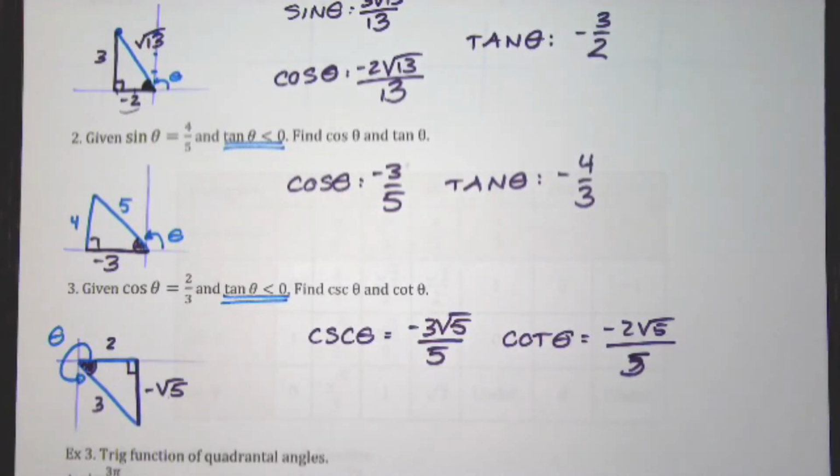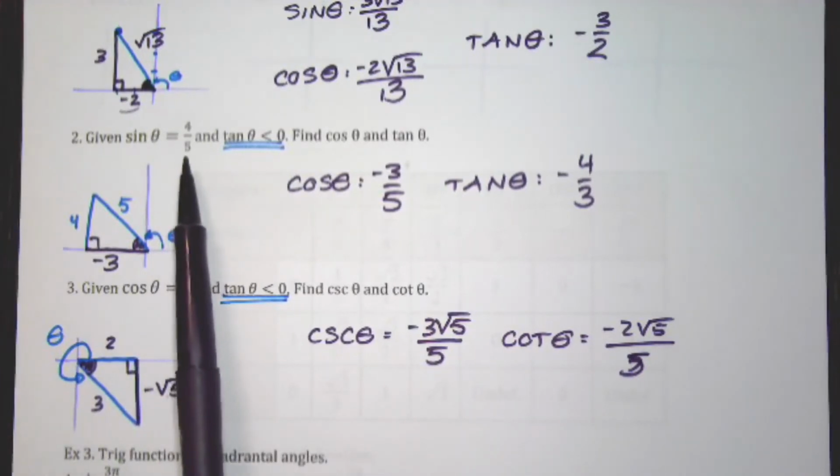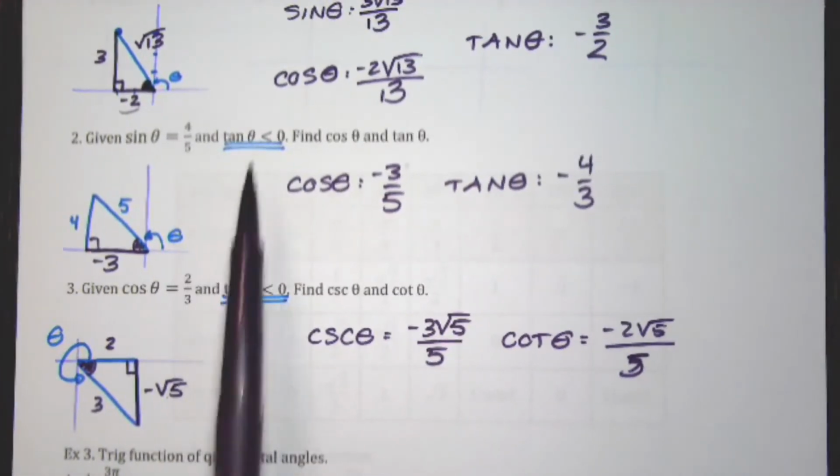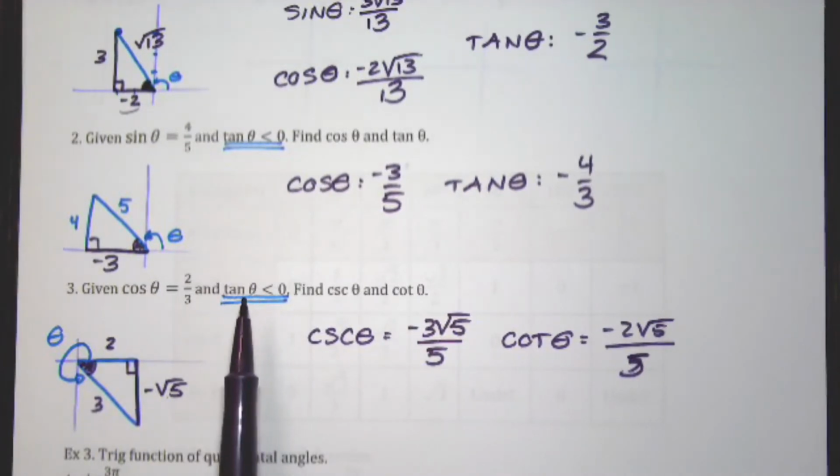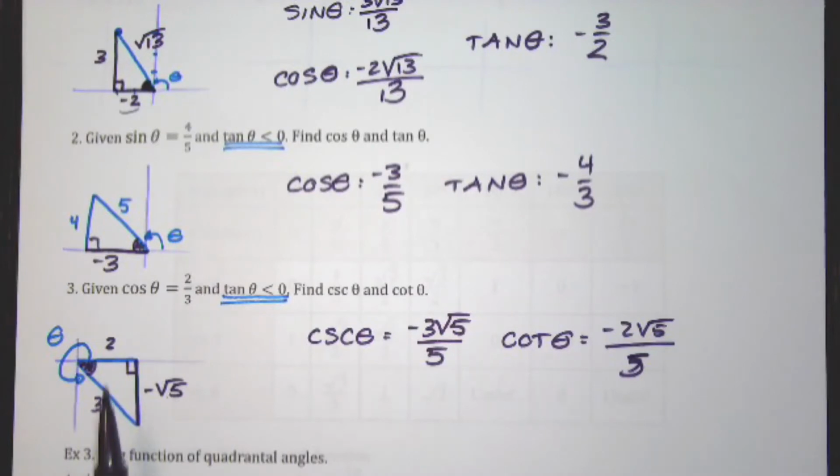So if I give you, whether it's just a random ordered pair for theta on its terminal side, or I give you the trig function itself and the sign of one of those functions, then we're able to construct a triangle in one of our four quadrants. And again, tie in that ability of using the unit circle for the quadrants, and then tie in the ability of those right triangles, Pythagorean theorem, to find our functions for theta.